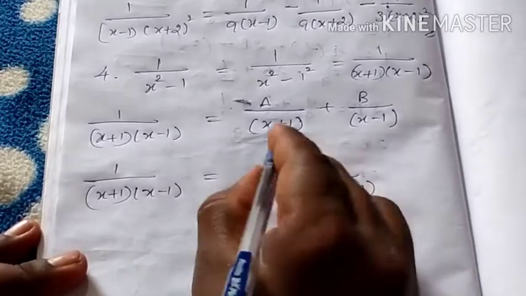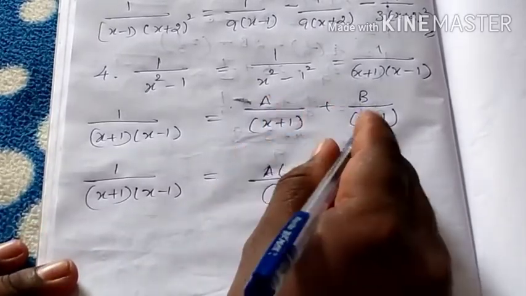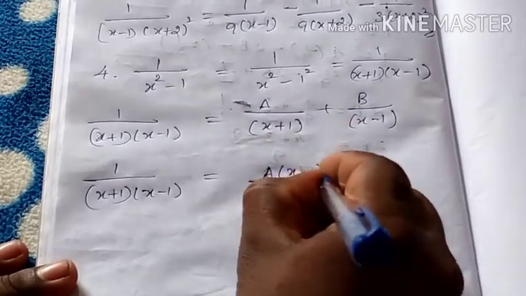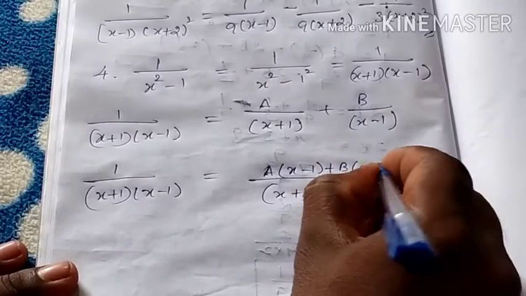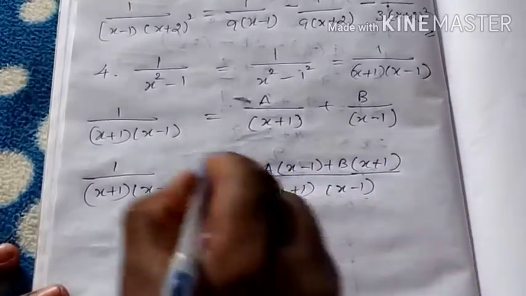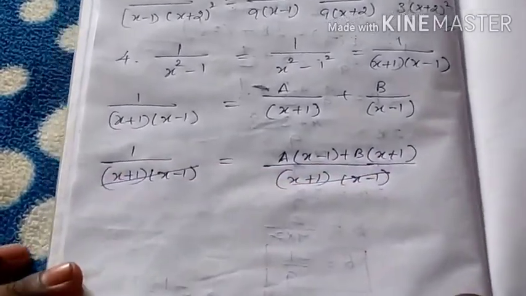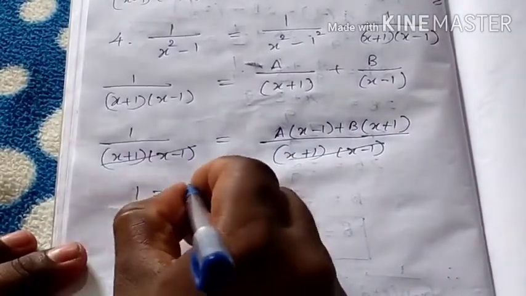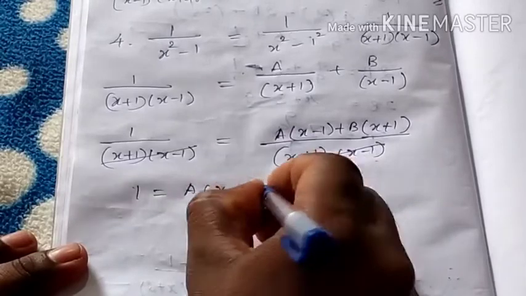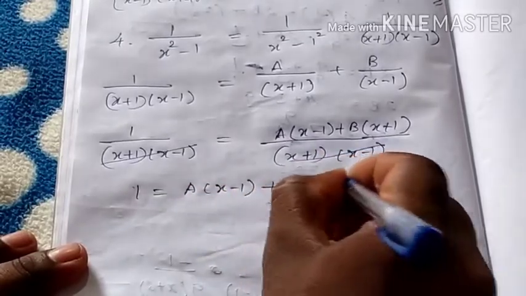A into, here x plus 1 only appears, so remaining term is x minus 1, plus b into, here x plus 1 is missing, so x plus 1. Okay, making the cancellation, both the denominators are cancelled. Then 1 is equal to a into x minus 1 plus b into x plus 1.